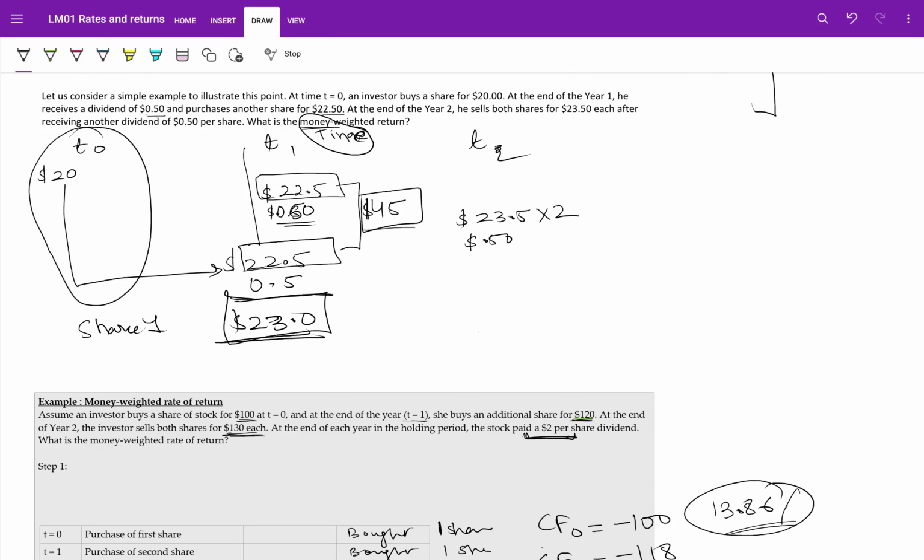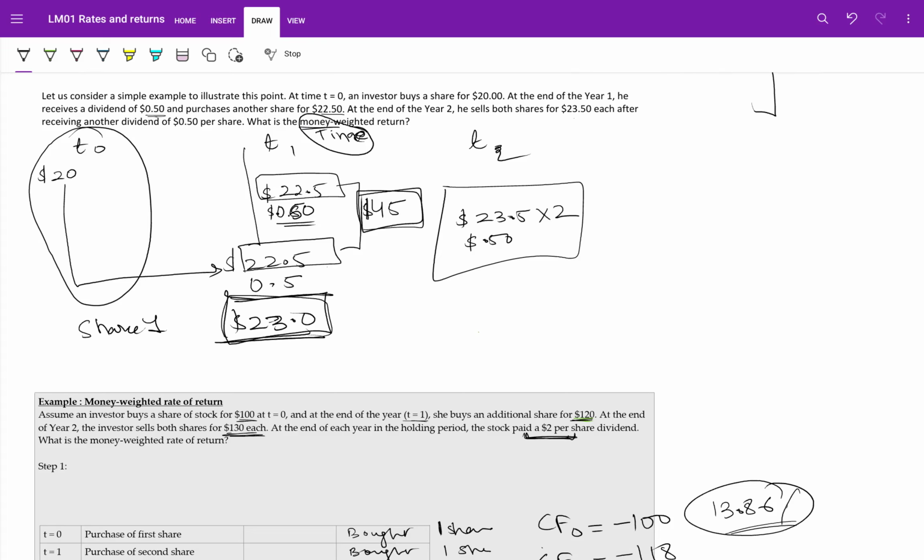We are going to use these numbers in our calculation. This 22.5 is now 45, here we have $45. This $20 is now $23. And at the end of the time, this is what our total investment looks like.